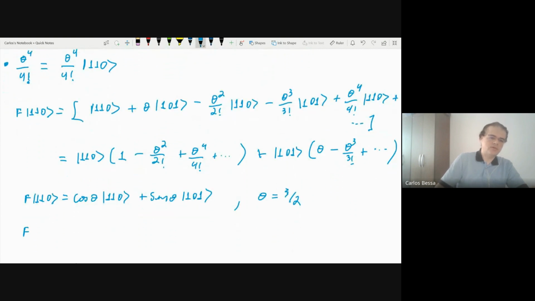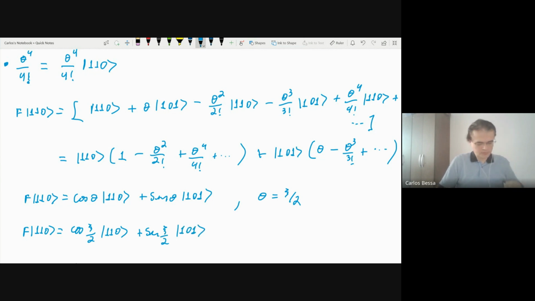So f 1, 1, 0 is cosine psi over 2 times 1, 1, 0 plus sine psi over 2 times 1, 0, 1.